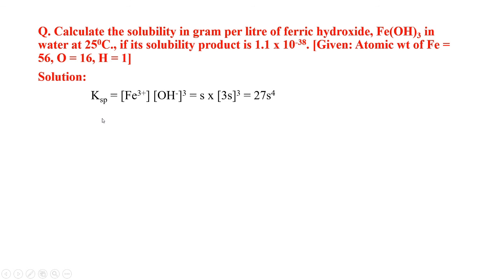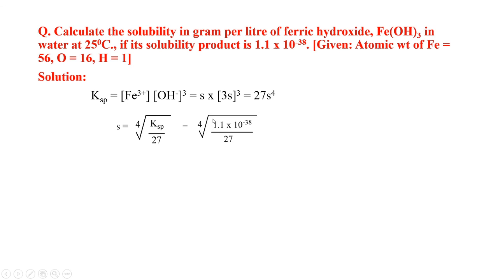So the solution of this problem: the solubility product of this salt is equal to Fe3+ into (OH-) cube, is equal to S into (3S) cube, is equal to 27S4. Okay, therefore the solubility of this salt S is equal to fourth root of KSP upon 27.